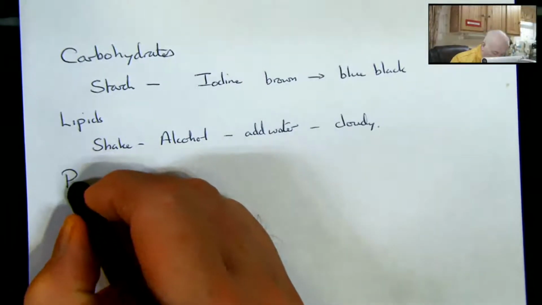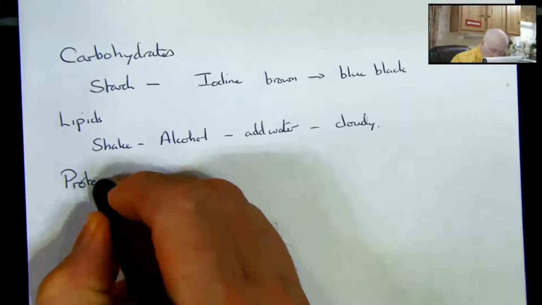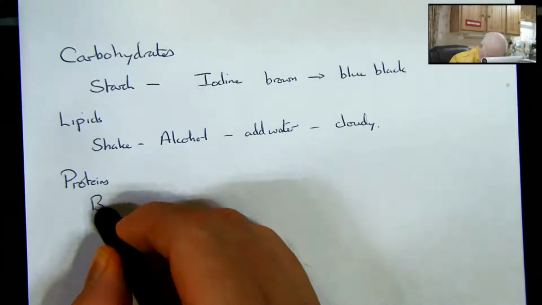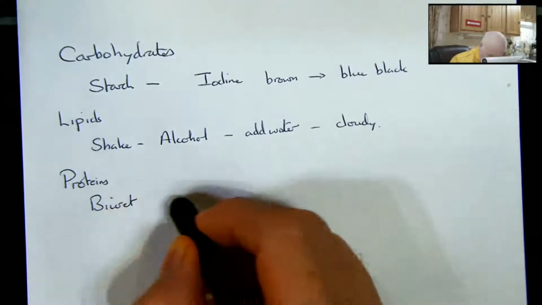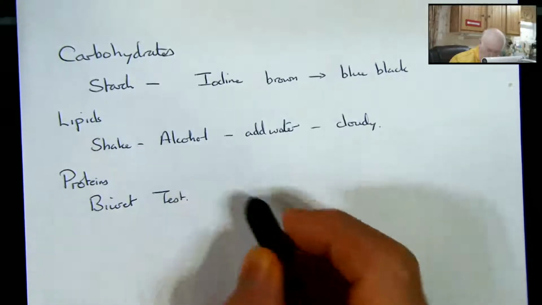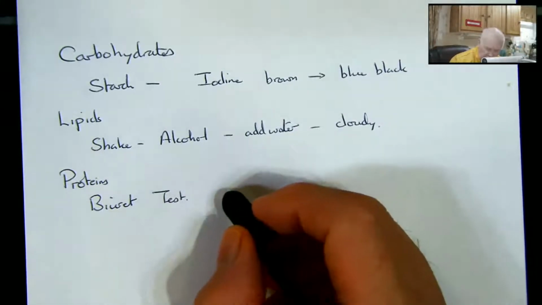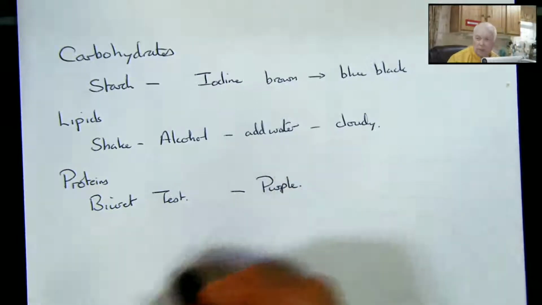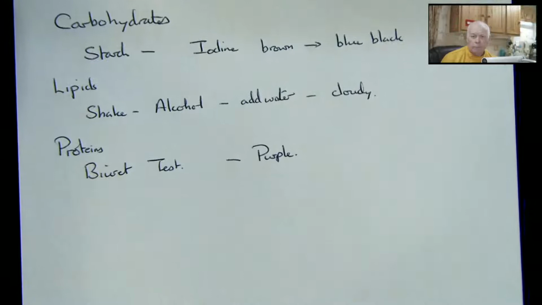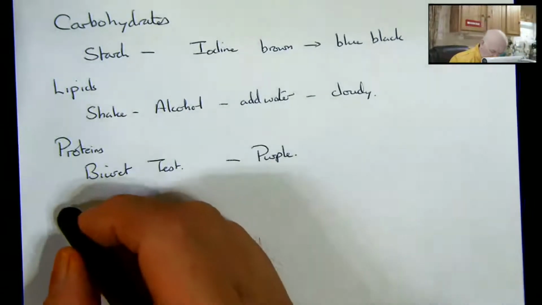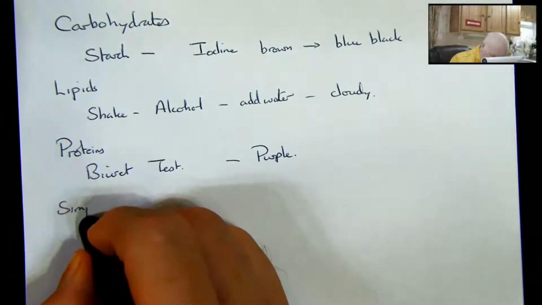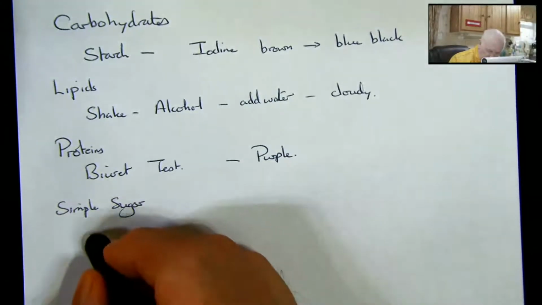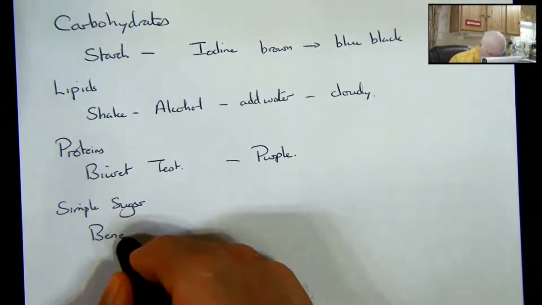We're going to look for proteins. This is the Biuret test. And if we have protein present, then we'll get a purple color. And finally, we're going to test for a simple sugar. And this is the Benedict test.